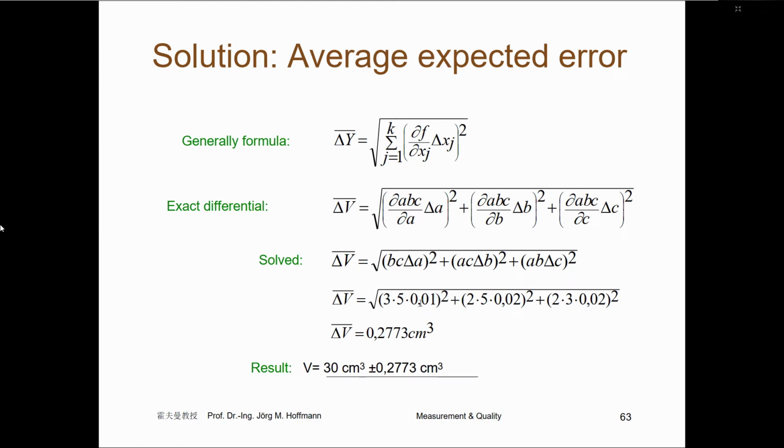I have written only the numbers, but everything is in centimeter. And then you can calculate this and you get for delta of the volume this number, 0.2773 cubic centimeter. When you write the units everywhere, the centimeter, it also works that you calculate the cubic centimeter. It must be in the end cubic centimeter.